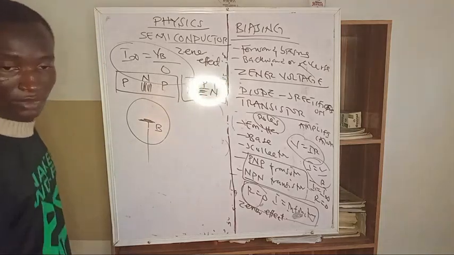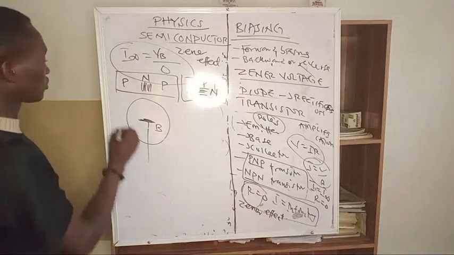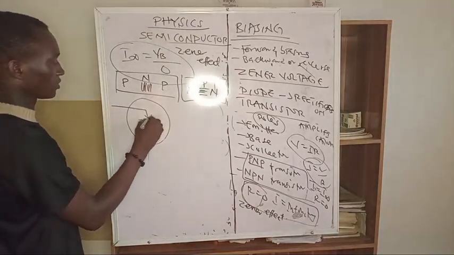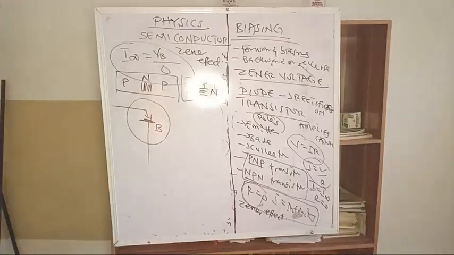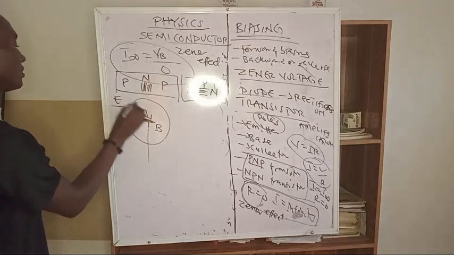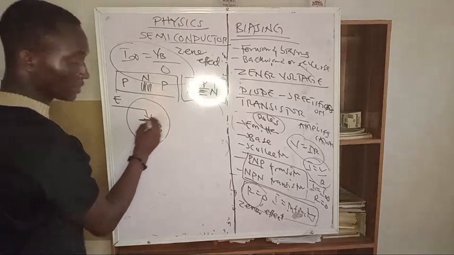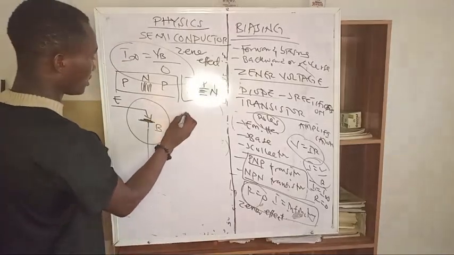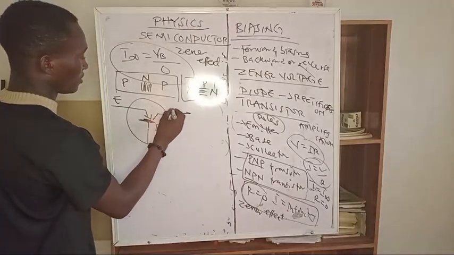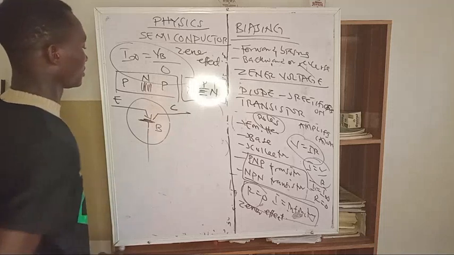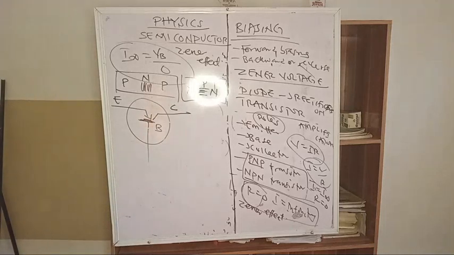Okay, so now where the electron is entering through is actually what we call the emitter. Then this is the base where it is resting. Then the other end is what we call the collector. Okay, so that is the first.